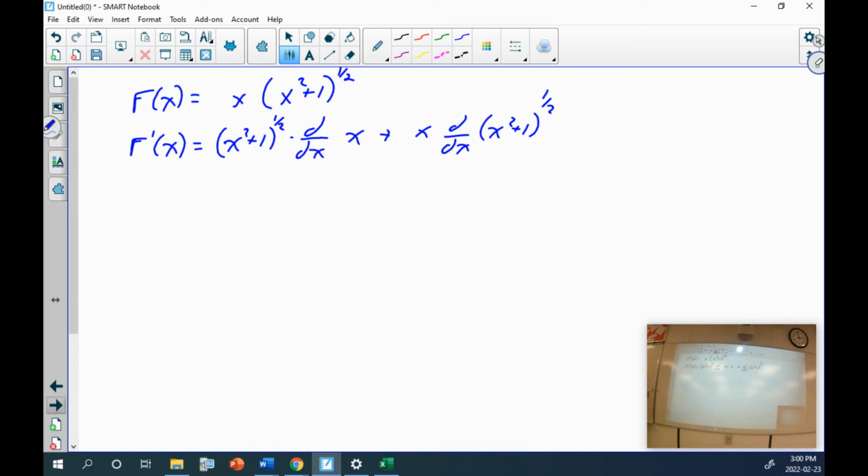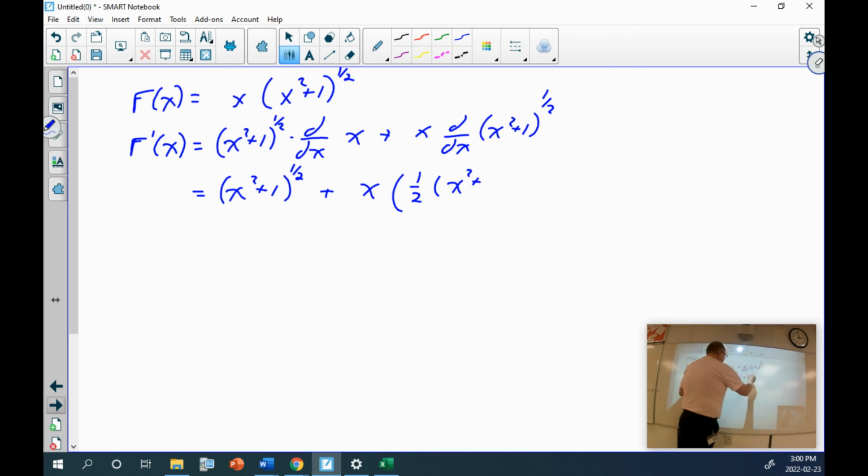Yes? Sure. You see where there's a chain rule here? Right? We have a function raised to the power of another function. So this becomes x squared plus 1 to 1/2, because the derivative of that is 1, plus x times 1/2, x squared plus 1 to the negative 1/2 times 2x.